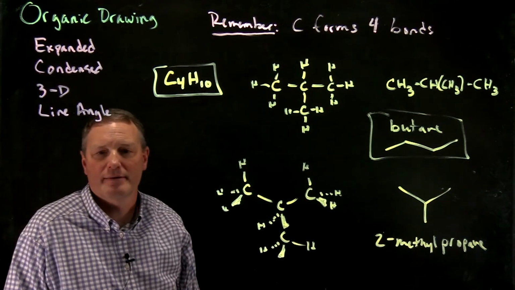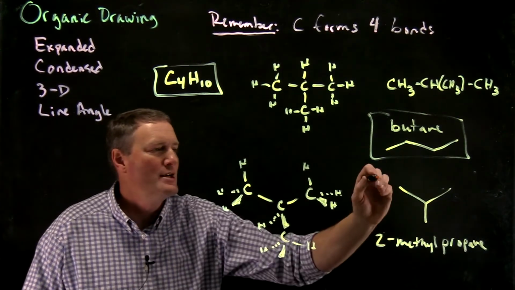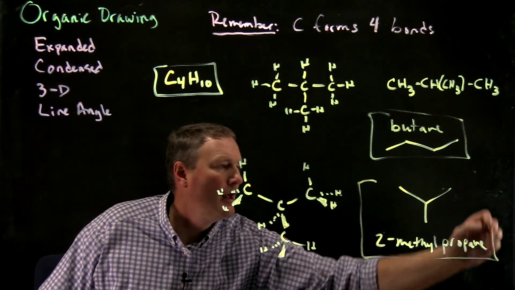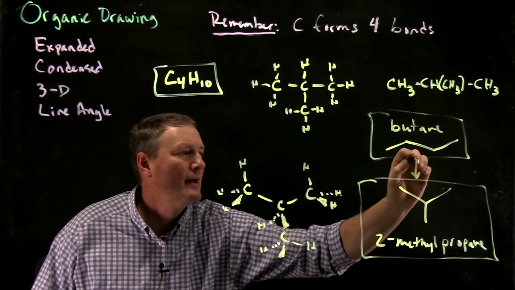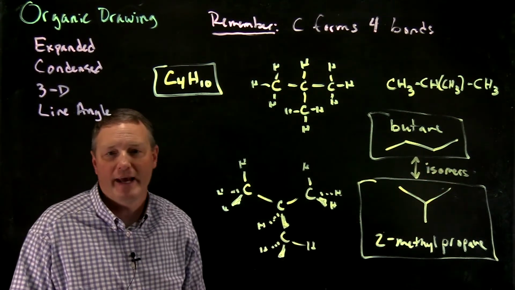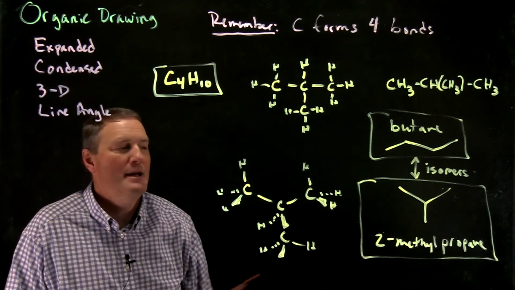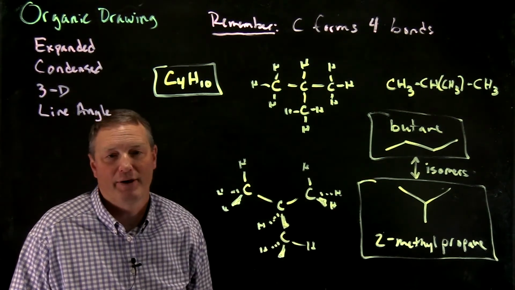In some of the videos coming up, we're going to talk more about organic nomenclature, how you would name those. So these two are then related as isomers. And again, the definition of an isomer is two molecules that have the same molecular formula, but a different connectivity of their atoms.